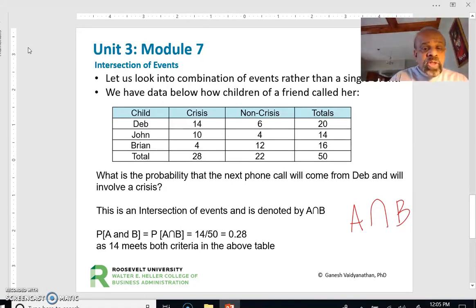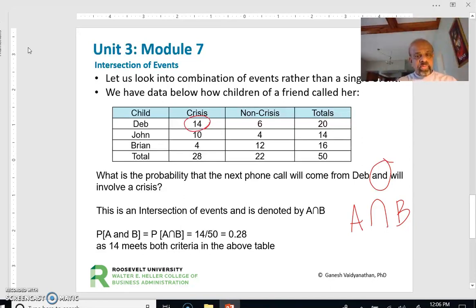So if I want to know the probability that the next phone call will come from Deb and will involve a crisis, now we are having 2 different events. One is an event A, the phone call from Deb. The event B is a phone call which is a crisis. So look at it this way. The phone call from Deb and involve a crisis is going to be just this, 14.